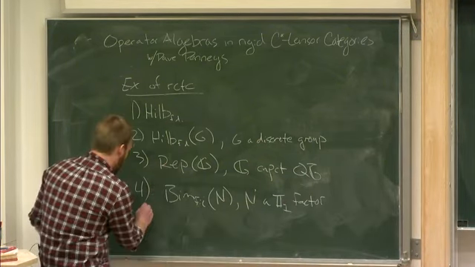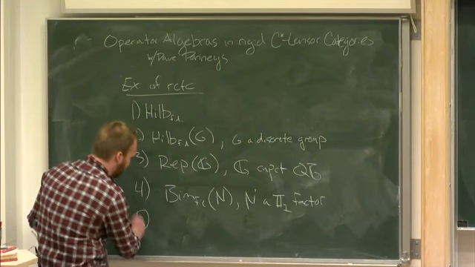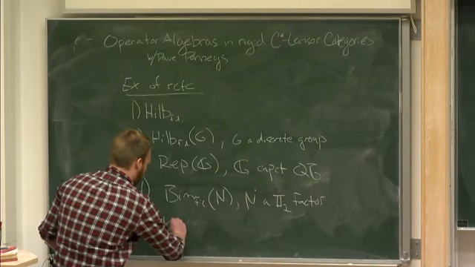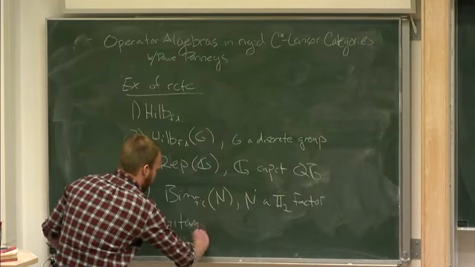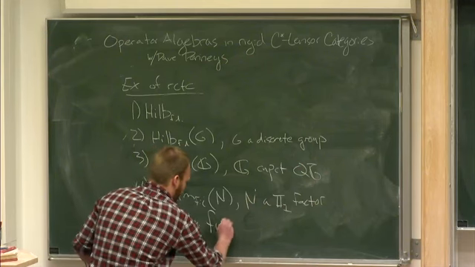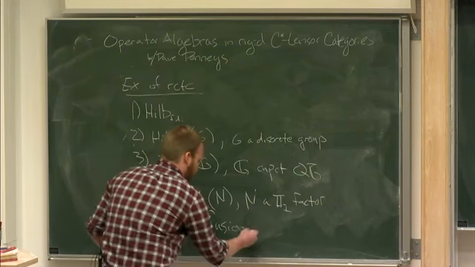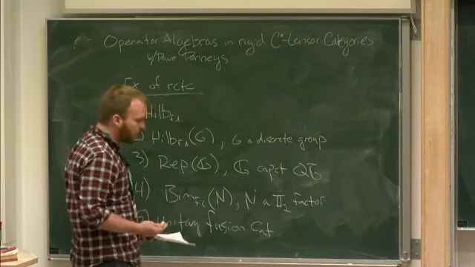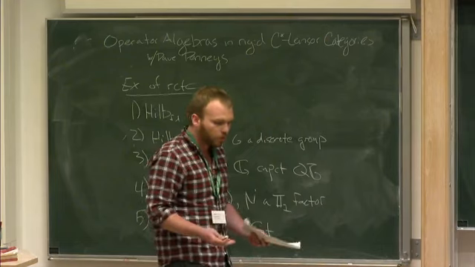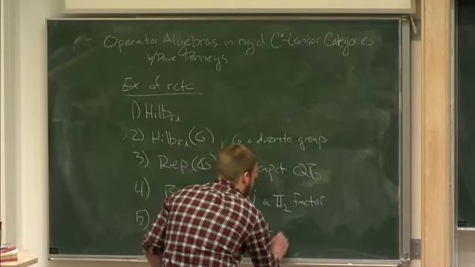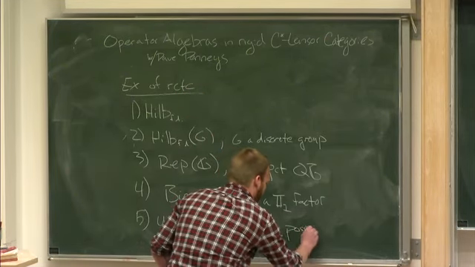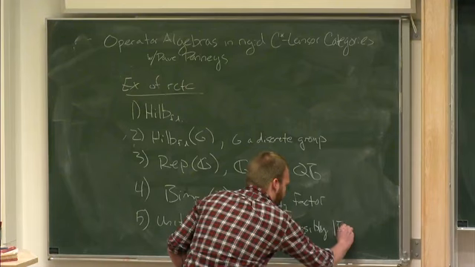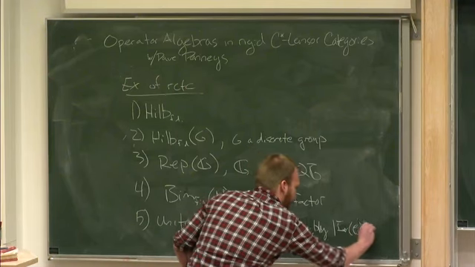And fifthly, which you might take as a definition if you happen to know what a unitary fusion category is. But I'm going to allow the set of isomorphism classes of irreducibles to be infinite, so possibly the number of irreducibles equals infinity.